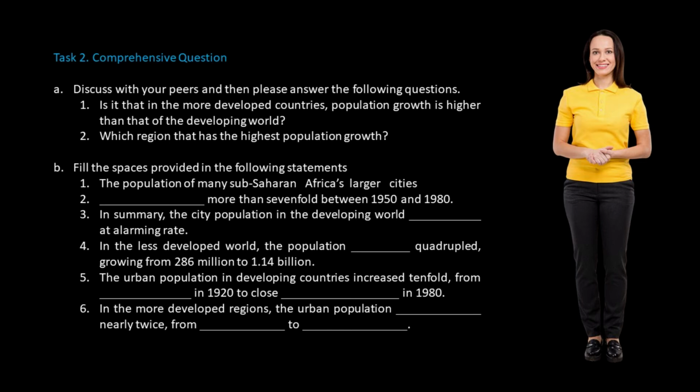In the less developed world, the population quadrupled, growing from 286 million to 1.14 billion. 5. The urban population in developing countries increased tenfold from in 1920 to close in 1980. 6. In the more developed regions, the urban population nearly twice from 2.